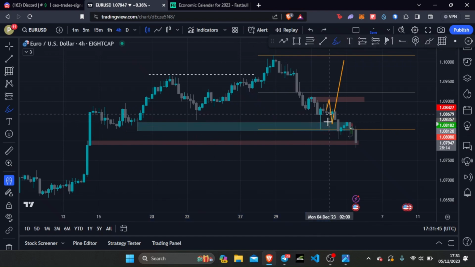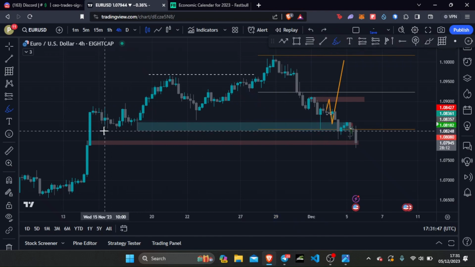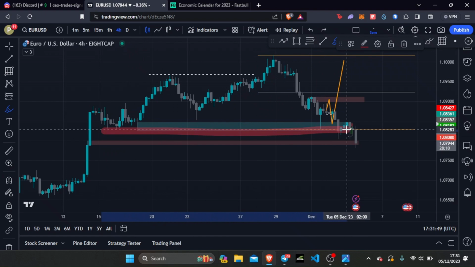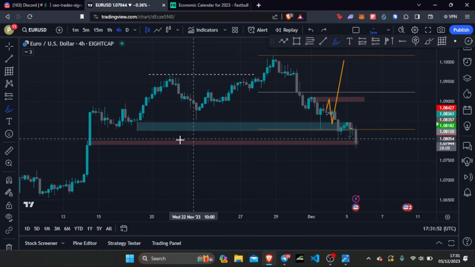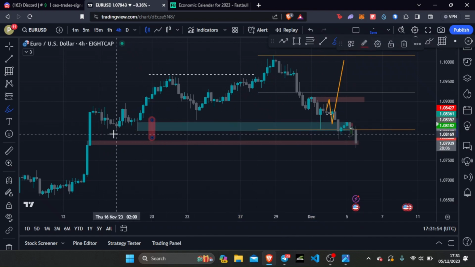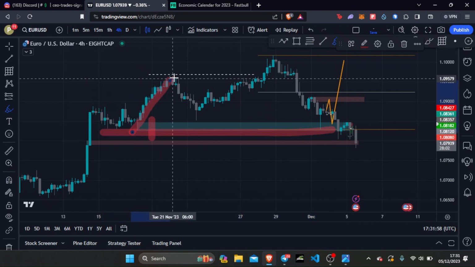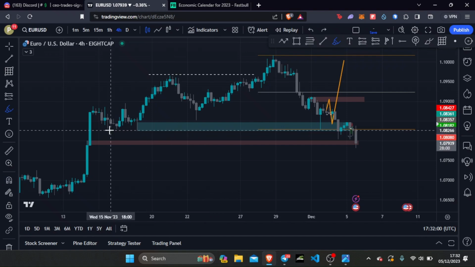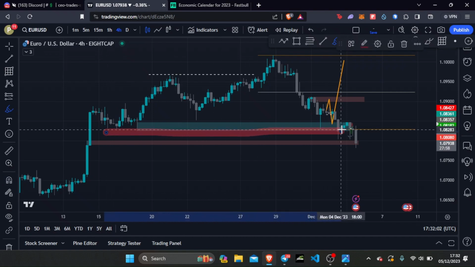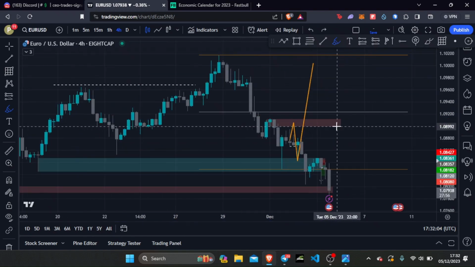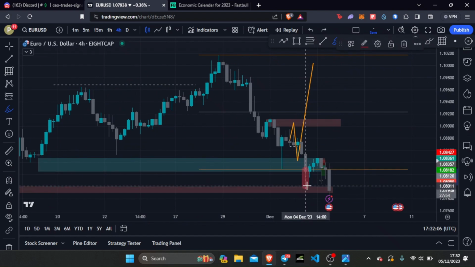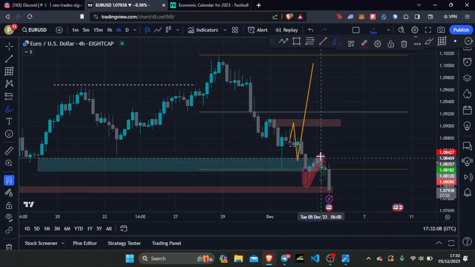So what does that mean? Right below all of this liquidity is where a lot of people have put their orders, whether that be sell stops, whether that be stop losses for their buy trades. There are all of these orders sat right below this liquidity, which means that the banks want to take that out in order to drive price the opposite way.